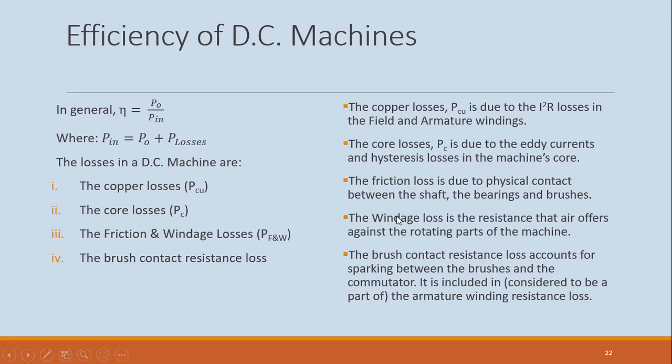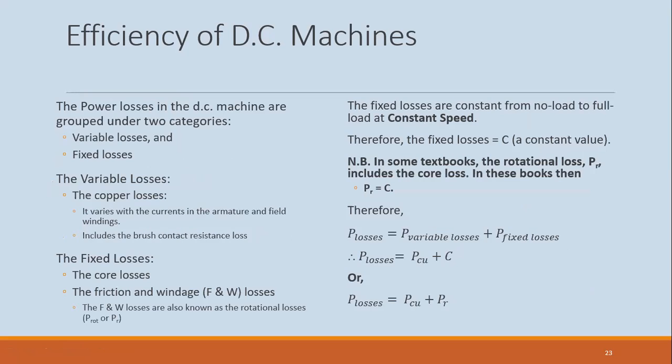Right. Now, some losses are fixed, are constant, and some are variable. Now, from what we did with the transformer, you know that the variable losses would be in the windings.